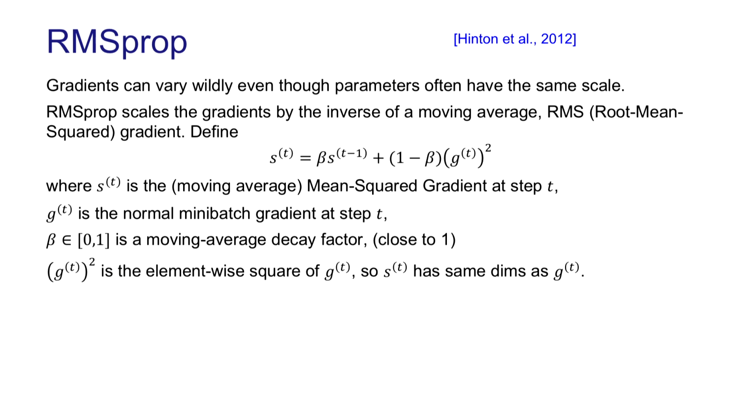So the next set of methods are going to address a different challenge with stochastic gradient, which is the fact that the contours in general are not circular. You'll inevitably get an ellipsoid. The ellipsoid just means that the curvatures are different in different directions.